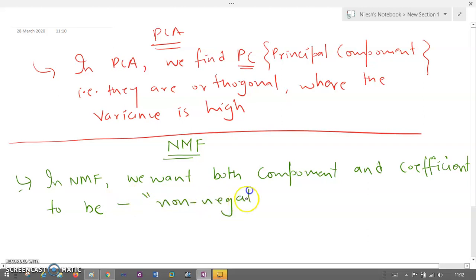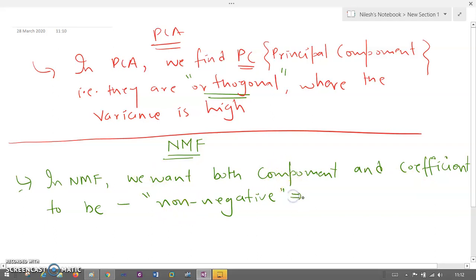This is the crucial part of non-negative matrix factorization. In PCA the crucial part is orthogonality, in NMF the crucial part is non-negativity. So your component and the coefficient of that component should be non-negative.